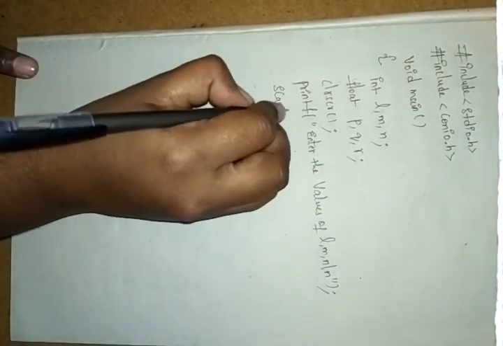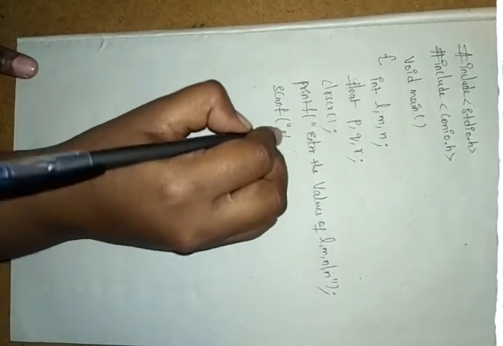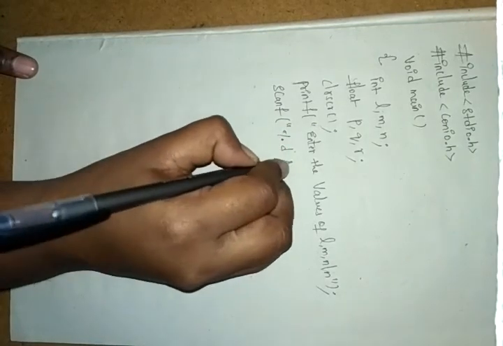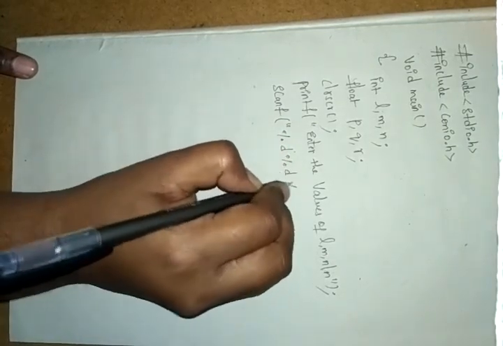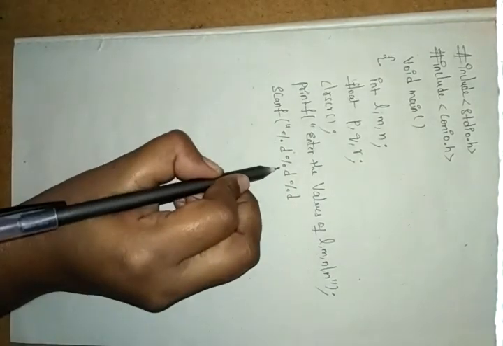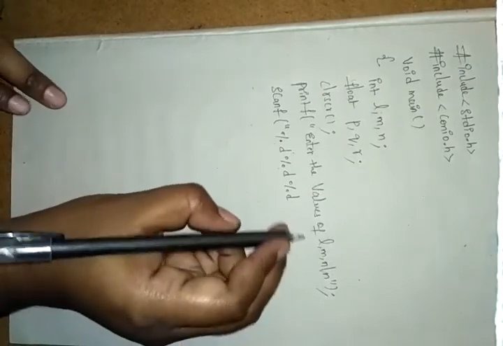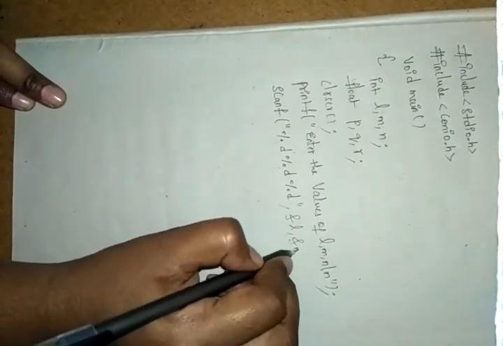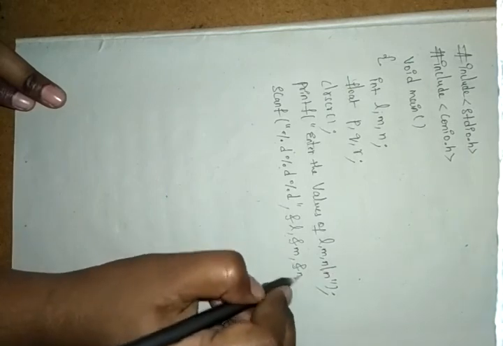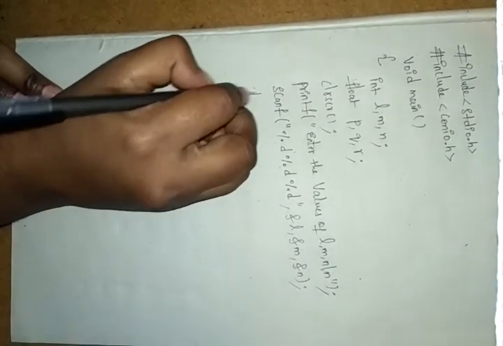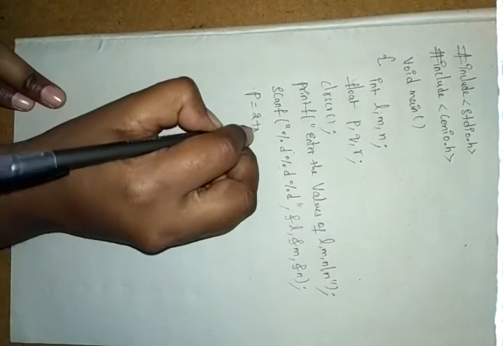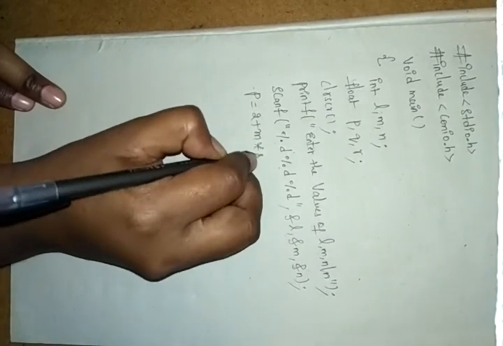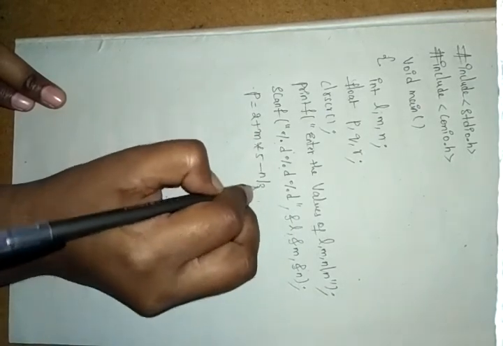scanf. Percent d, here I am writing three times percent d. Why? Because here we have three values: first one is L, second one is M, third one is N. Okay, L, M, N. P equals to 2 plus M into 5 minus N by 3 plus 1.